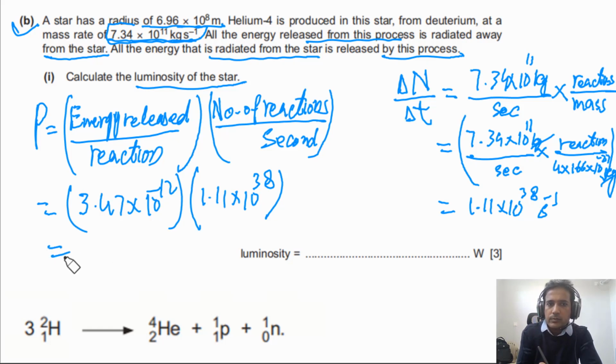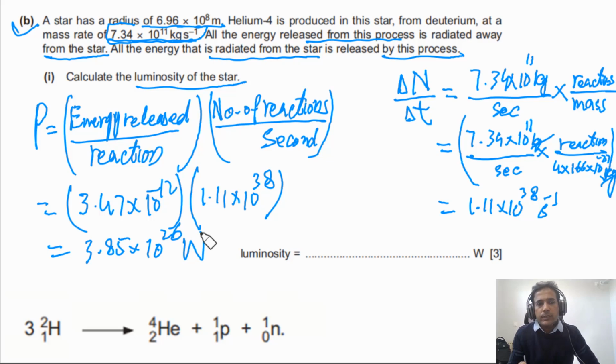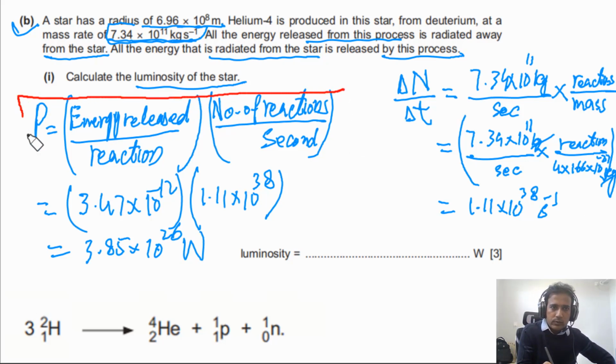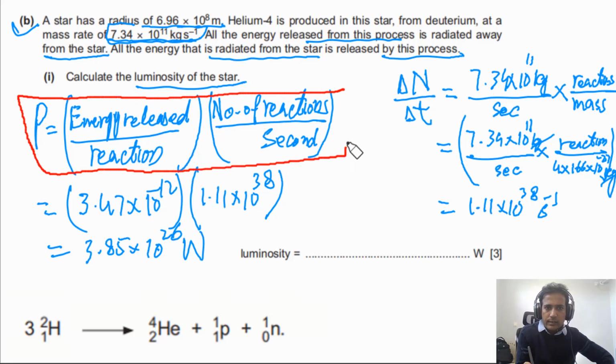Now if we multiply these two together, we will get 3.85 times 10 to 26 watts. So this is the energy released per second. So this is how we can approach. This is a very important one, so try to understand the logic: what data is given to you, and how you can use that data to find the answer. Here I have written number of reactions per second.